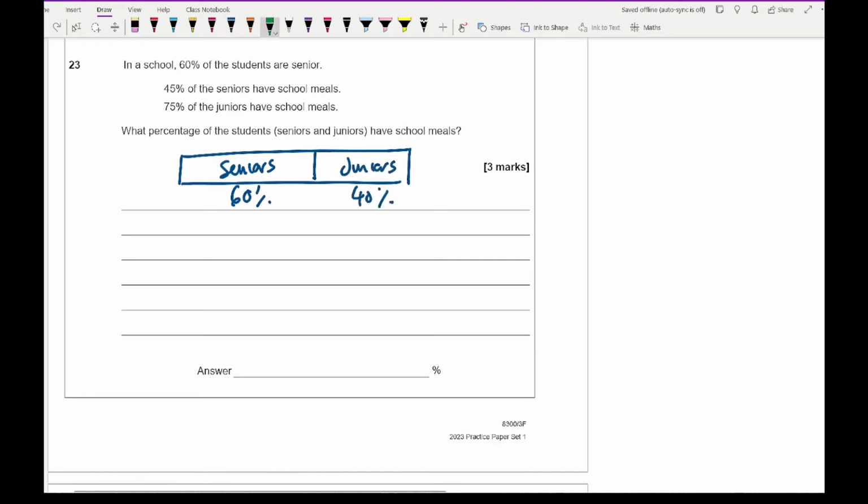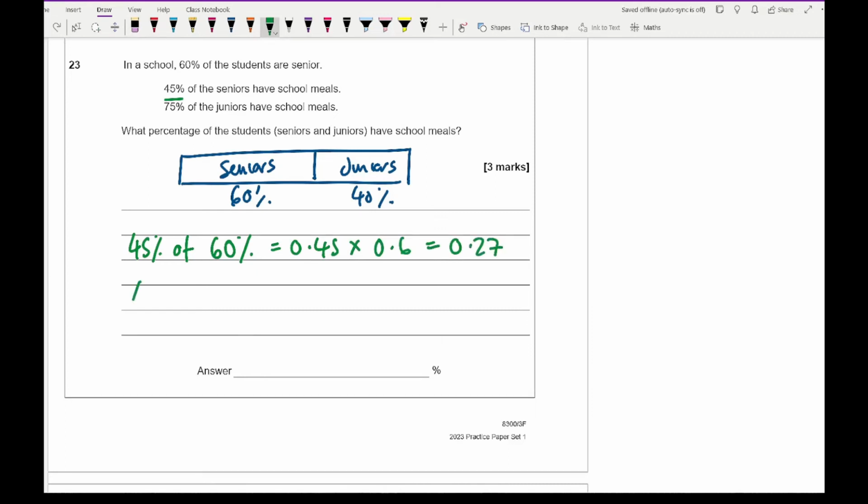So out of these seniors, I want 45%. So I want to work out 45% of 60%. And so if I type in 0.45 times 0.6, I get 0.27.